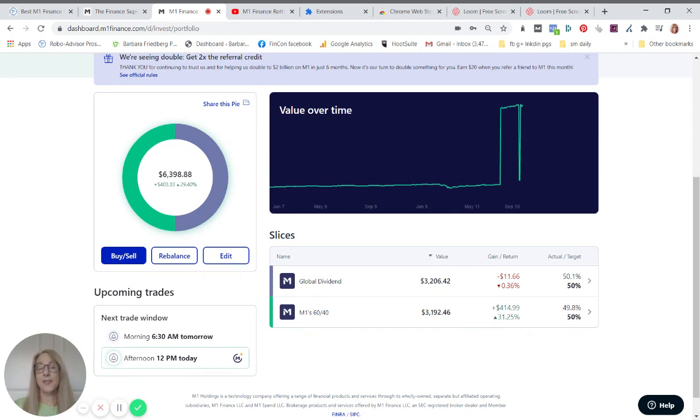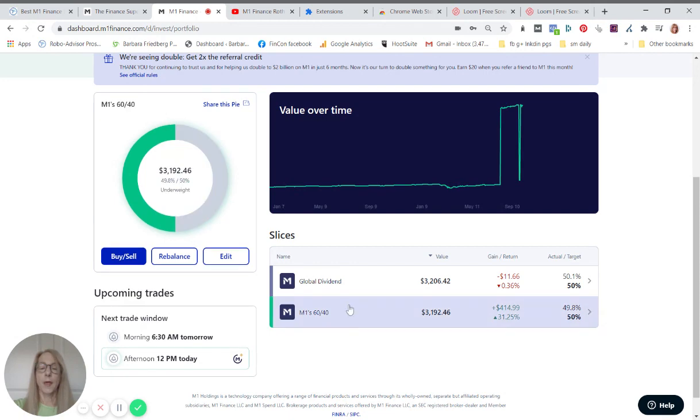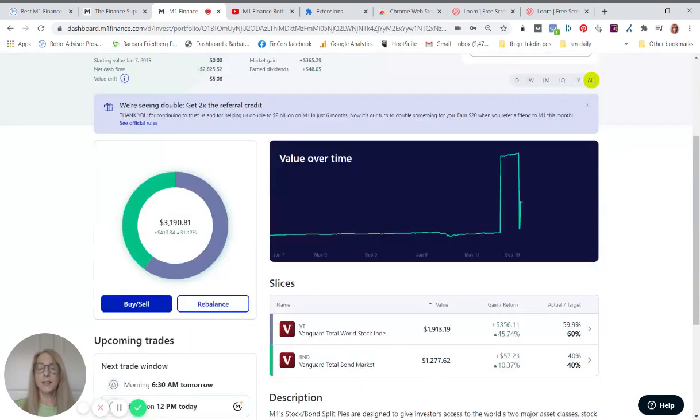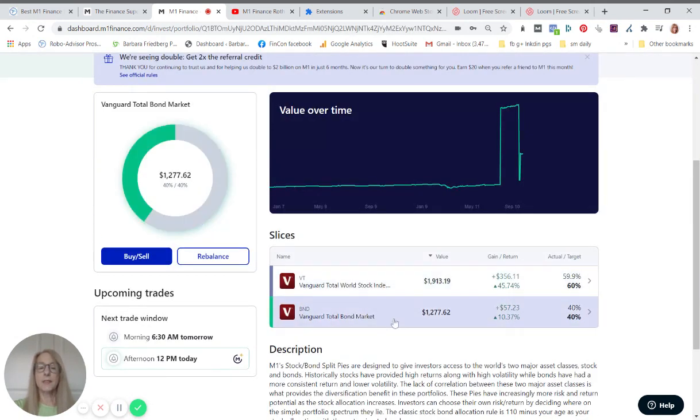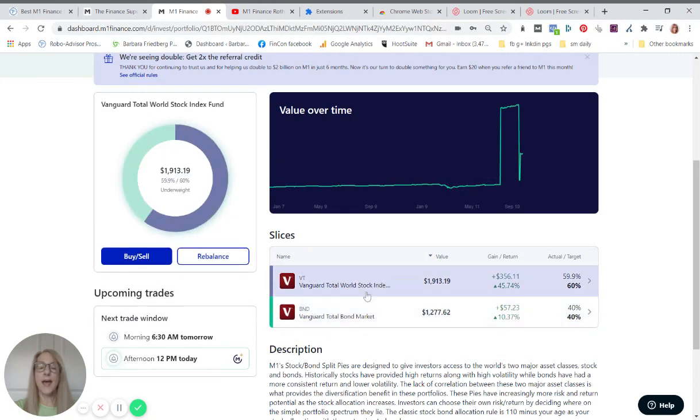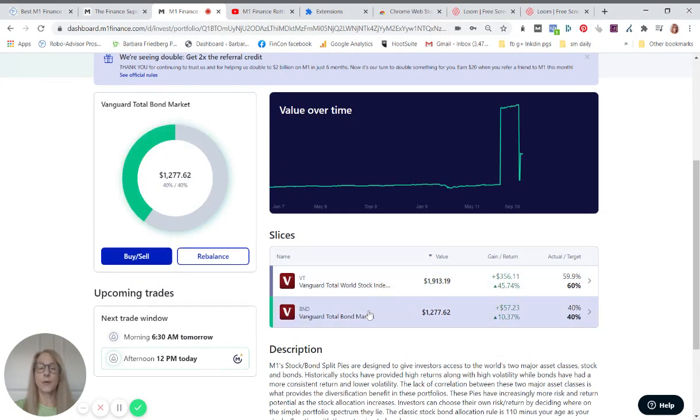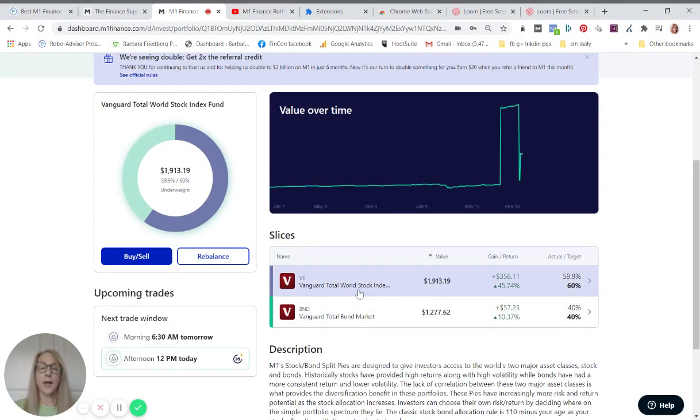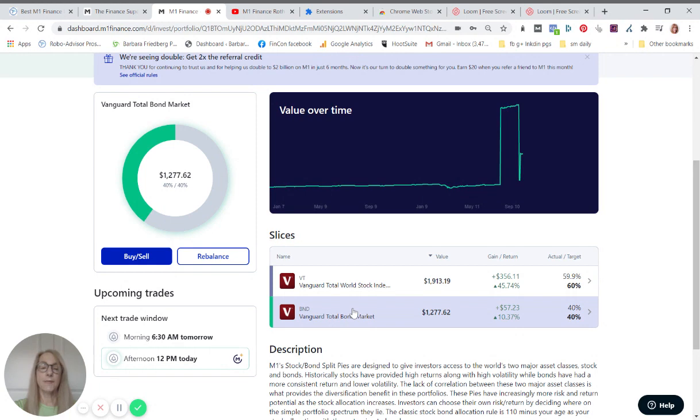So I set these up as an experiment to compare a traditional 60% global stock portfolio, 40% bond, and this is what is included in that 50% of the portfolio. It is a Vanguard Total World Stock Market Index Fund and a 40% Vanguard Total Bond Market.